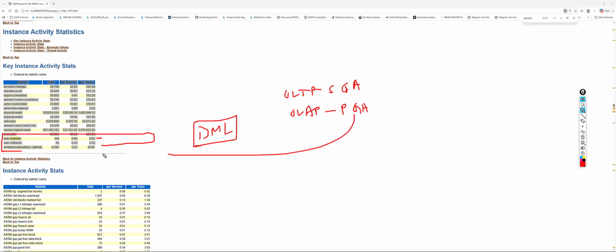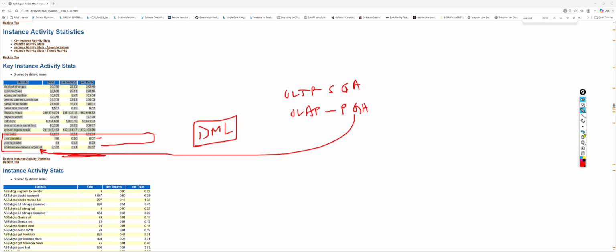Work area executions are related to PGA, so if they are very high, then that is an OLAP system. Likewise, there are a lot of other metrics that can be used as a hint to identify the type of the systems.